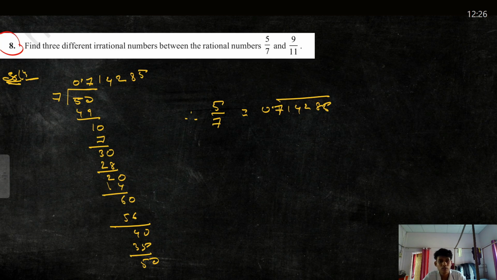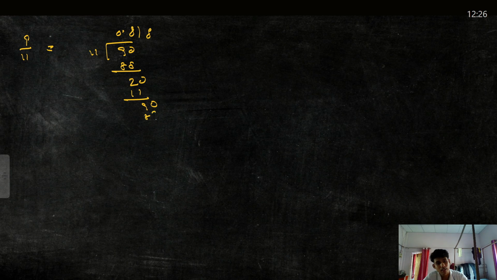Now the second part, which is 9 by 11, can be written as 0.11 times 8 is 88, 2 1 is 11, 90, again 8 is 88, 21. Therefore 9 by 11 is equal to 0.81 bar.